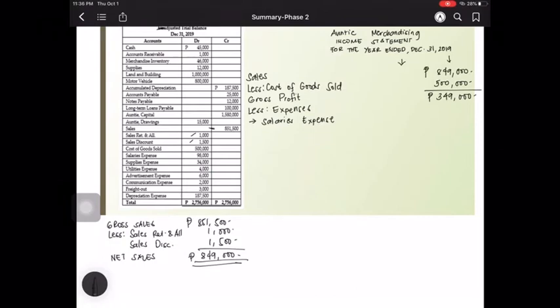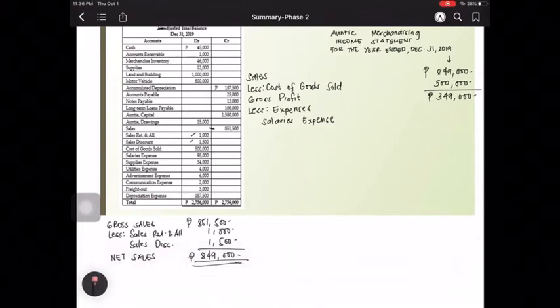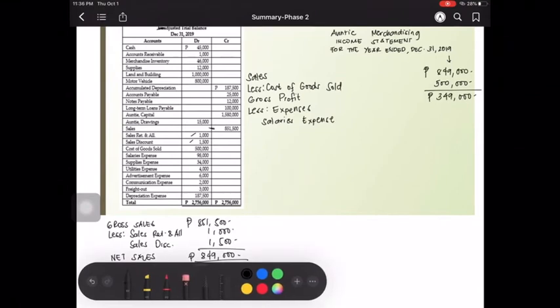So in our case, since I want to compute the total amount of expenses in a separate column here, I have to indent all of the accounts involved in that particular computation. That is how you are going to make your reports presentable. So let's indent all of the expenses that we are going to total later on. We start with the salaries expense.